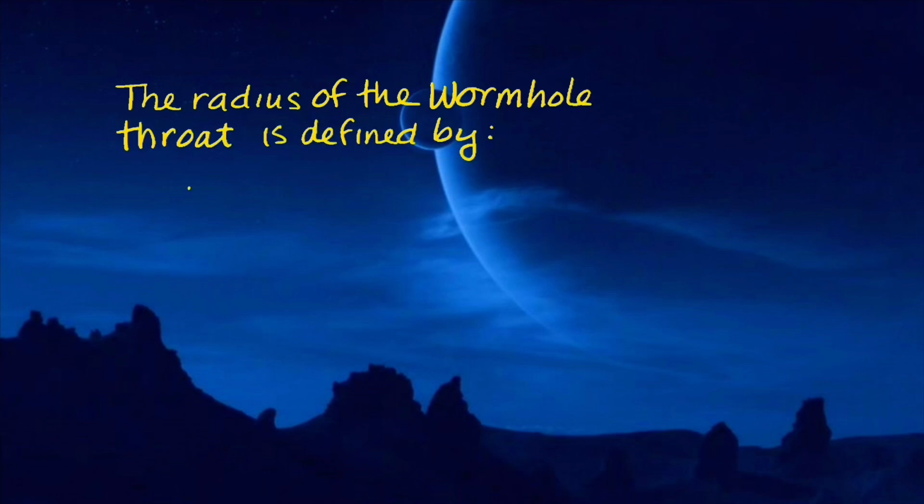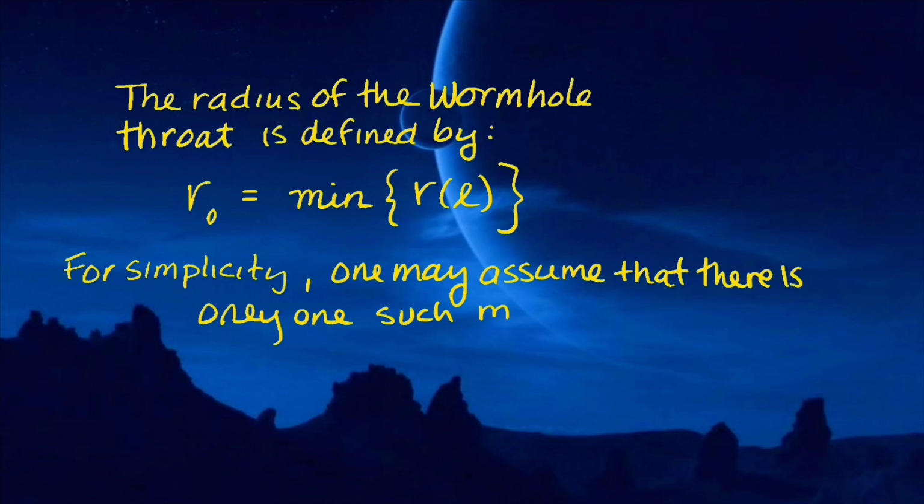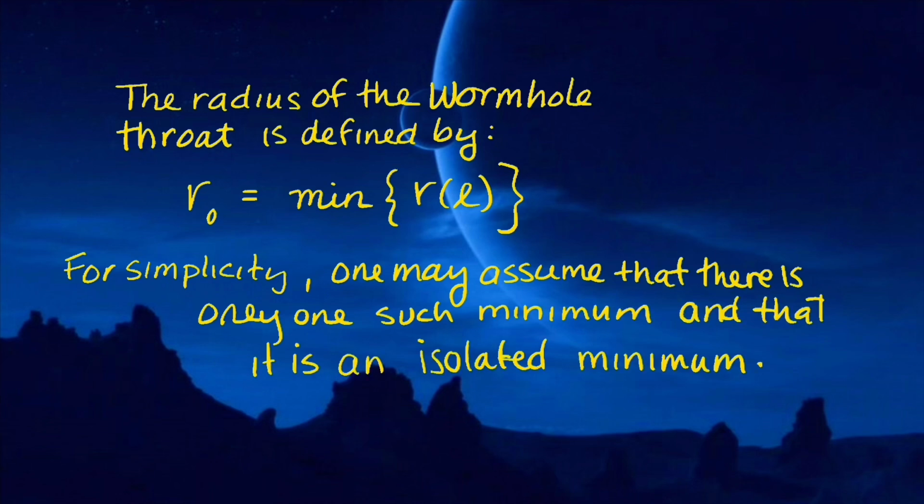The radius of the wormhole throat is defined by r sub 0, which is the minimum value for r of L, and for simplicity, one may assume that there is only one such minimum, that is, an isolated minimum.